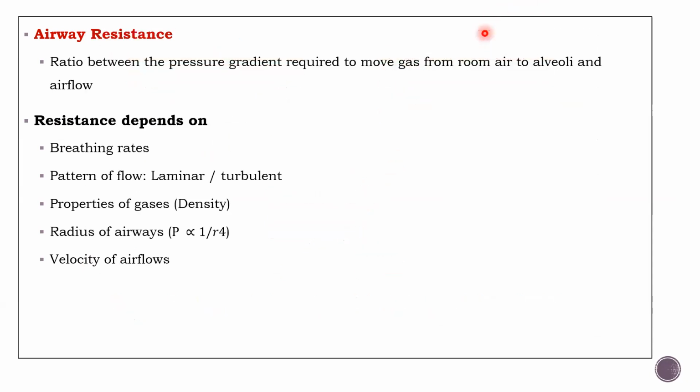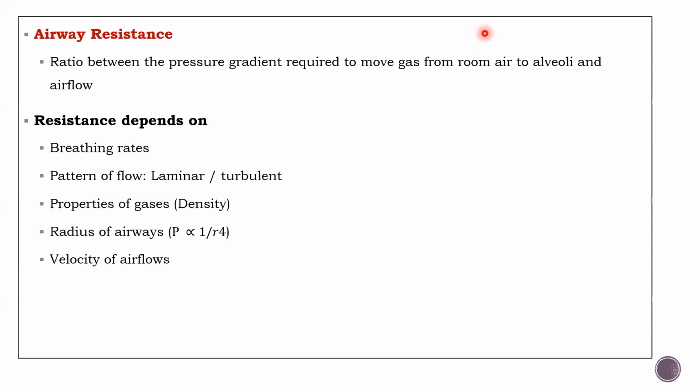How does it help? Could you tell me where the resistance will be higher, the upper respiratory tract or the alveoli? High or low? In the alveoli, the resistance will be least, because the surface area is very high and the flow will be laminar.